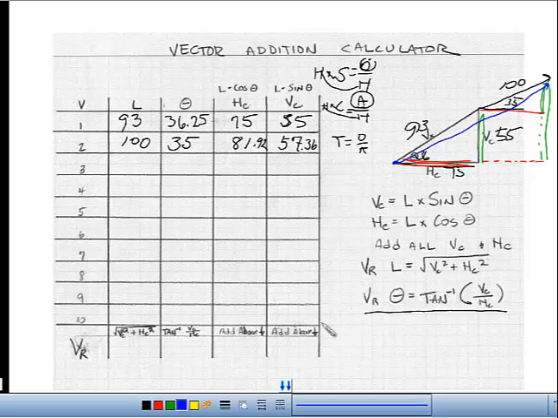So add them up. Let's add up those columns. The vertical column, I'm going to keep that green. I can carry that 0.36 down. 7 and 5 looks like about 12. 5, that's 112.36 vertical. Horizontal is 75 and 81.